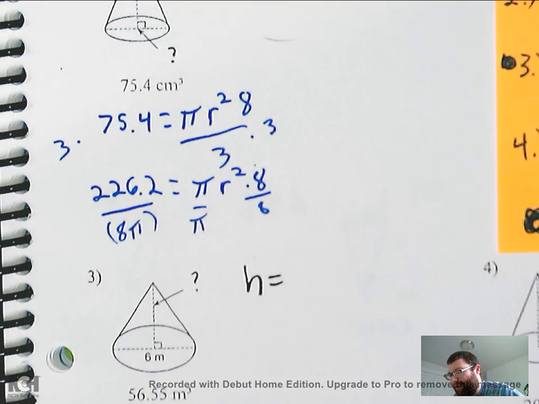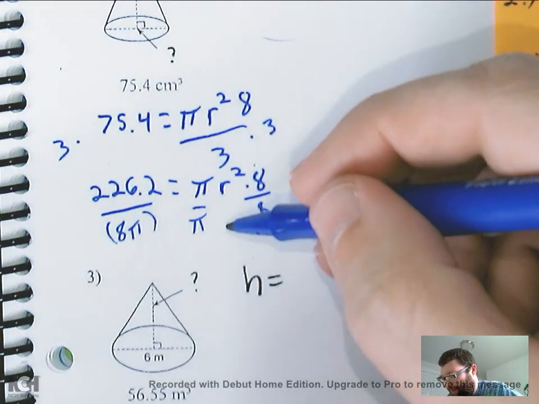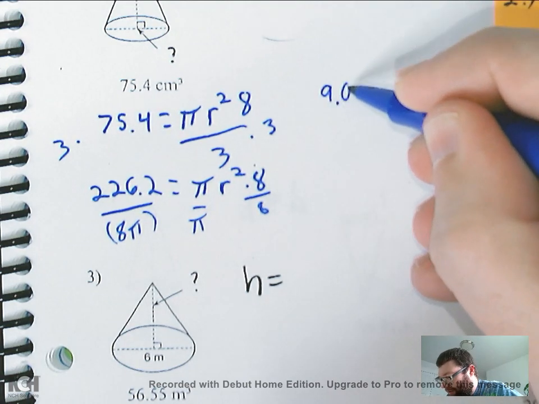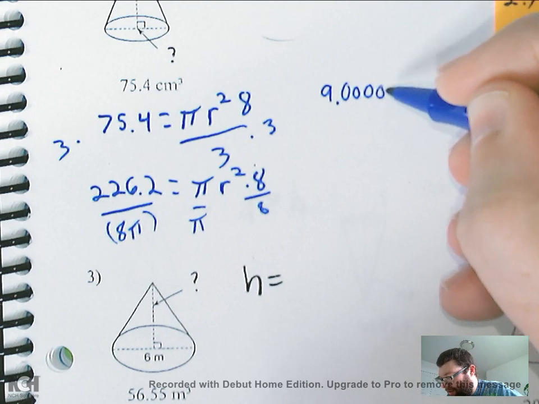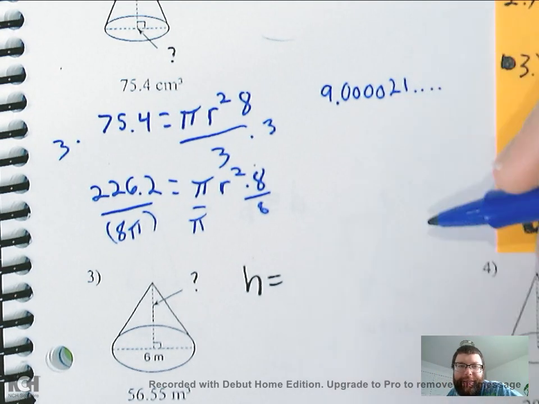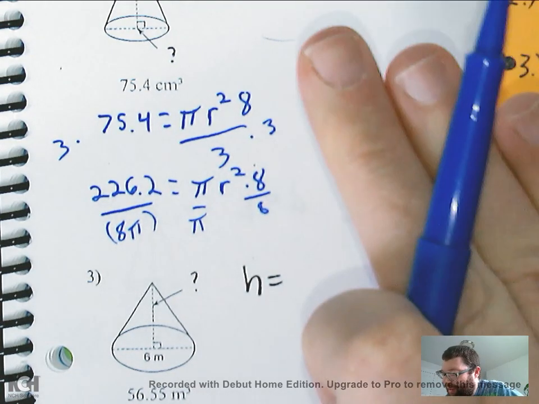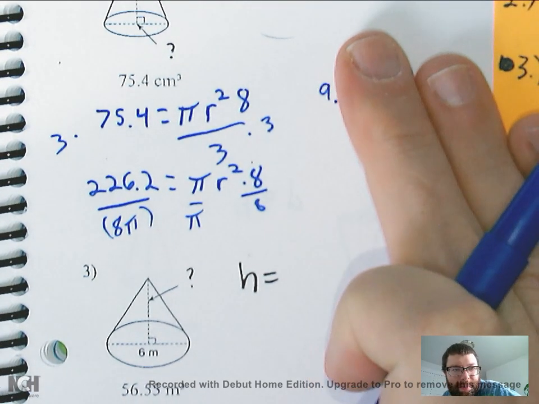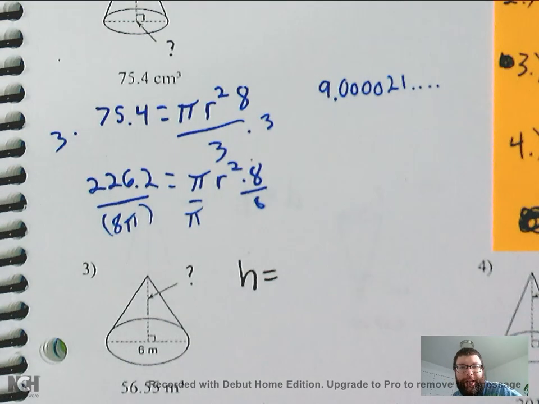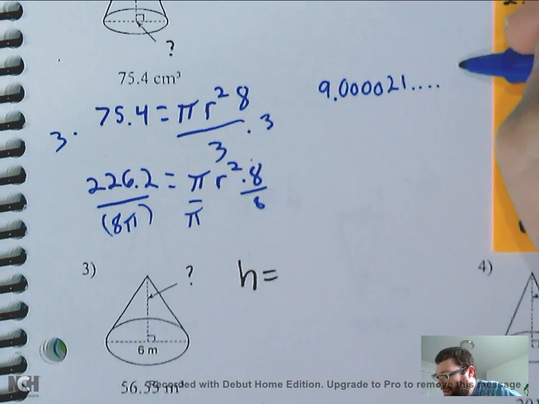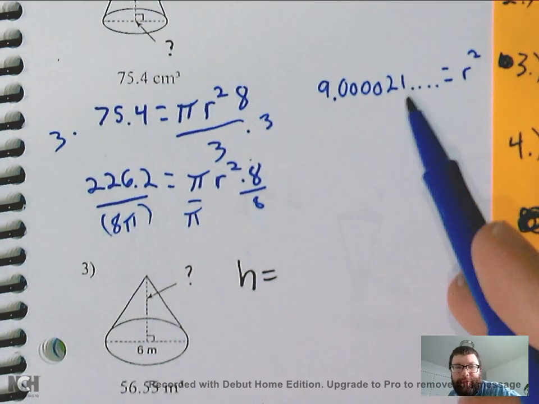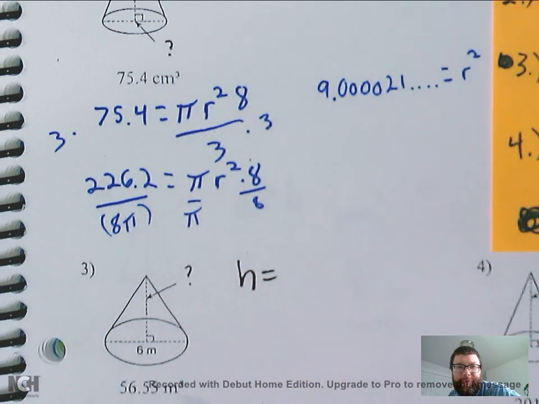The answer I have is 9.000021 blah blah blah. If you have that many zeros, honestly, you can probably just go with the number in front, but I'm going to leave it in there right now, and that's going to equal the radius squared. That's what's left in the equation after I divided by the 8 and the pi.